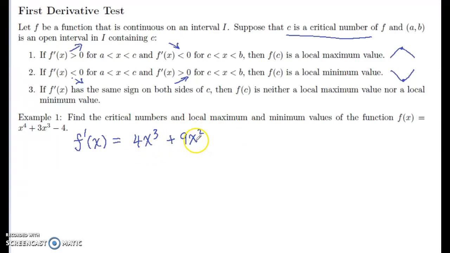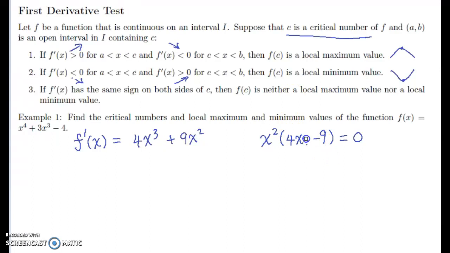These two terms have a common factor of x squared, so we factor that out. We get x squared times 4x plus 9 equals 0.